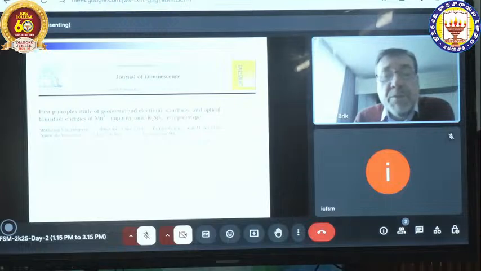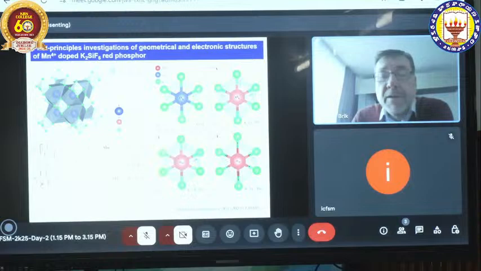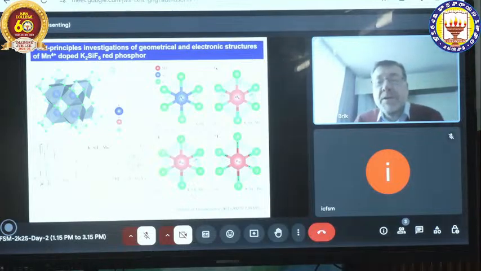The same potassium hexafluorosilicate with manganese 4+. Here we could optimize the geometry of the MnF6 complex in different states: in the ground state 4A2, and in the excited states 2E and 4T2.